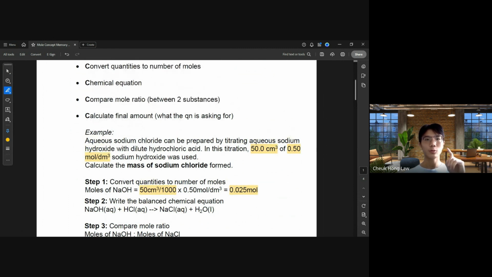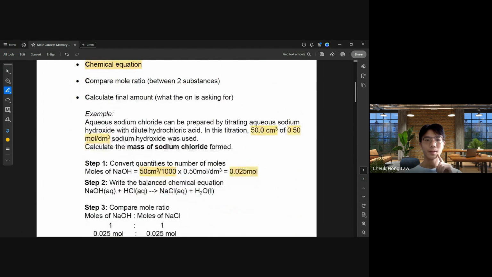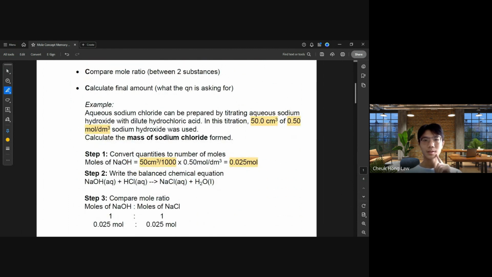What is step 2? Step 2 is to write the chemical equation. So this whole question is talking about sodium chloride being prepared by titrating aqueous sodium hydroxide with dilute hydrochloric acid. So your reactants are sodium hydroxide and dilute hydrochloric acid.